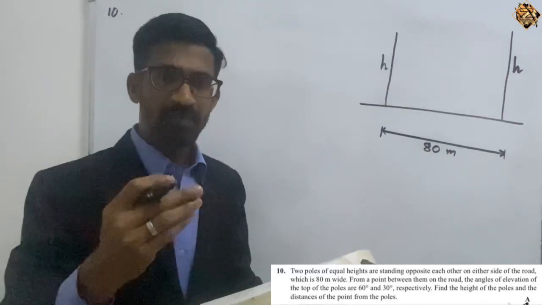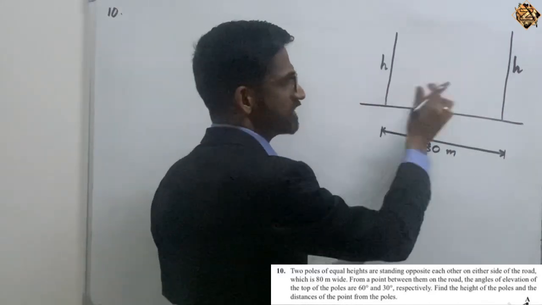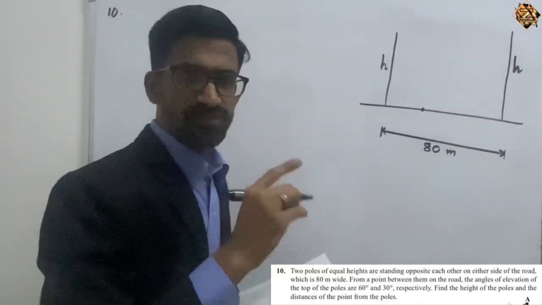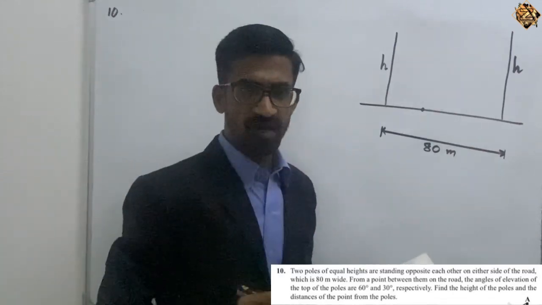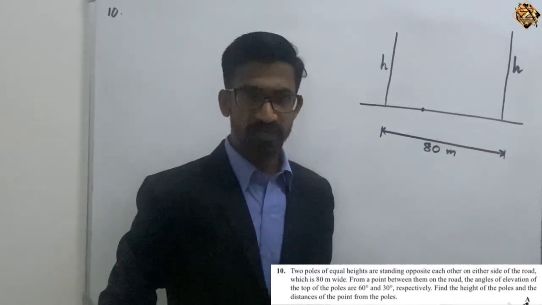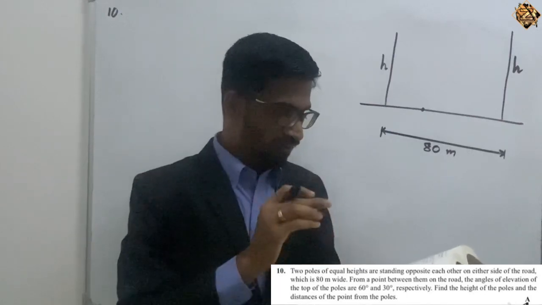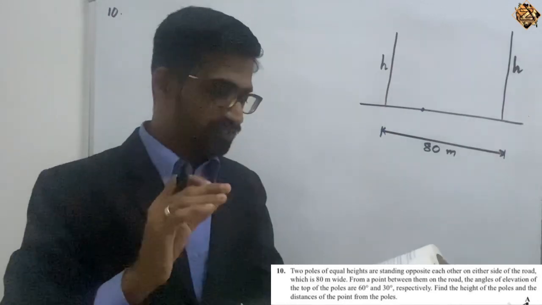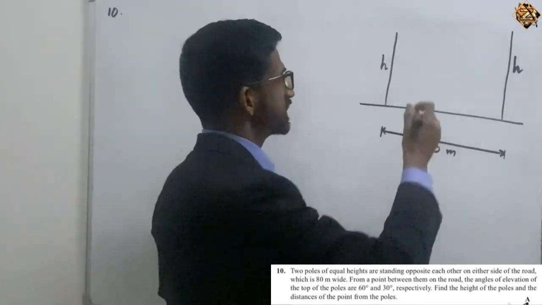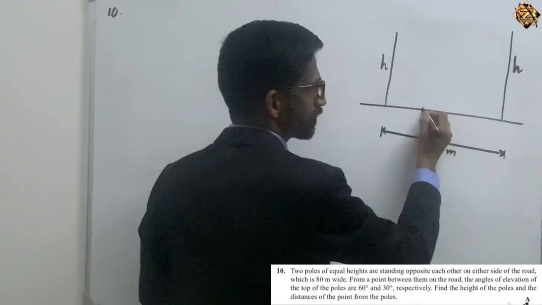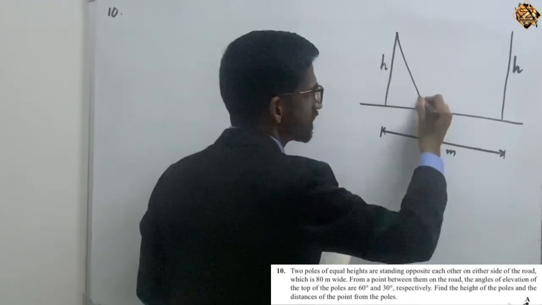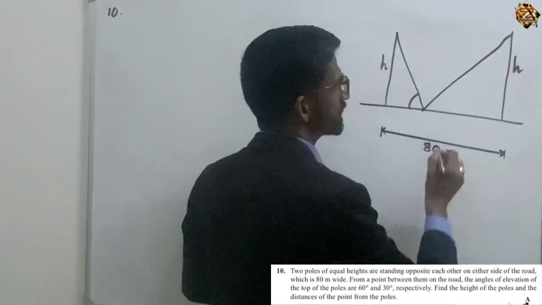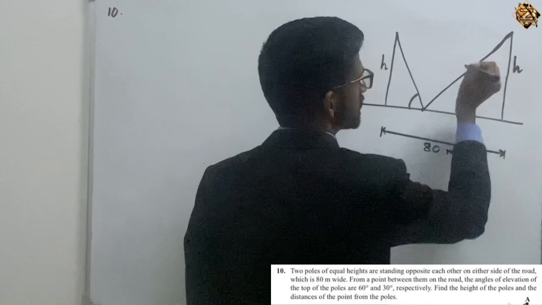Now, from a point between them on the road, so in between them we can take a point. The angles of elevation of the top of the poles are 60 degree and 30 degree respectively. So from a point on the road, the angles of elevation of the tops of the poles are 60 degree and 30 degree.